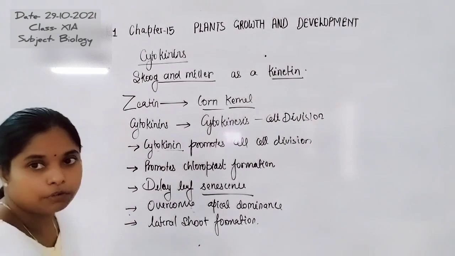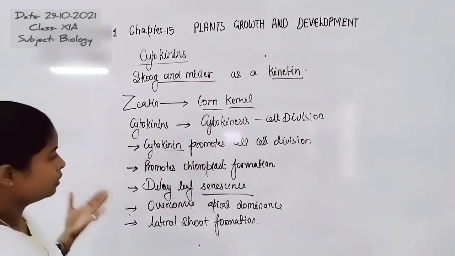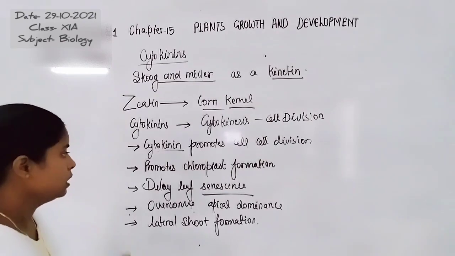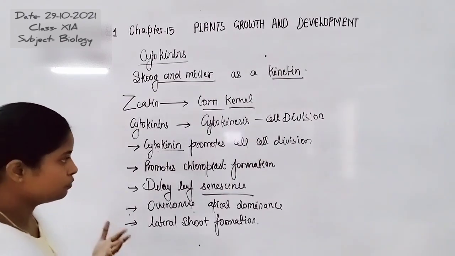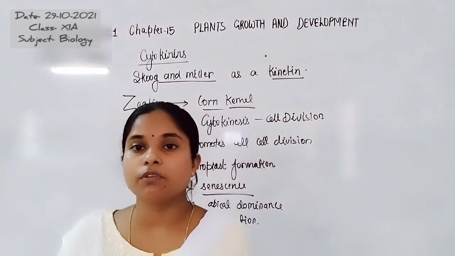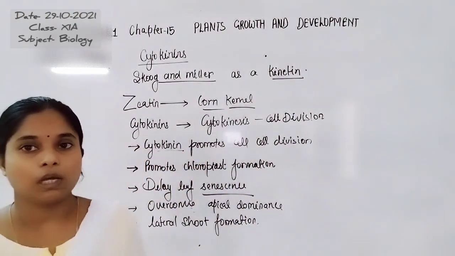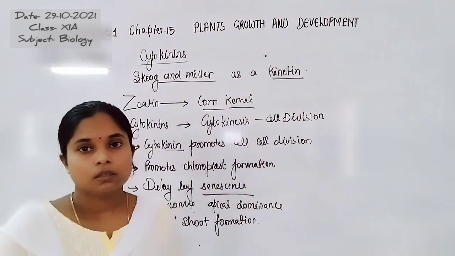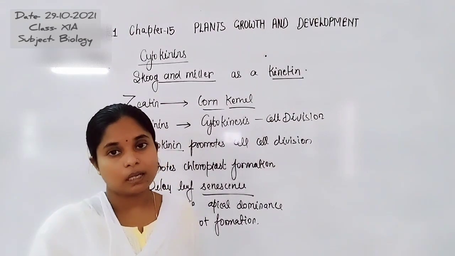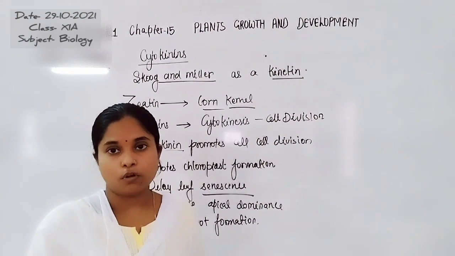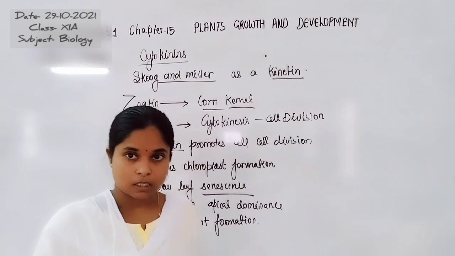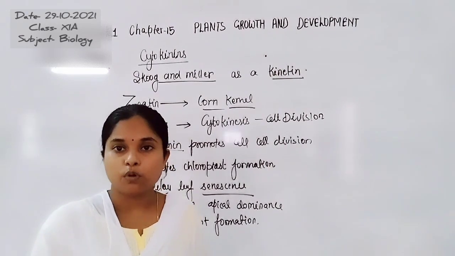If we talk about the function of cytokinin, they promote the proliferation of cell division, and also promote chloroplast formation. If the plant undergoes wilting, it destroys its chloroplasts to reduce transpiration, so that it can use less of the water generally used in photosynthesis for the formation of carbohydrate.